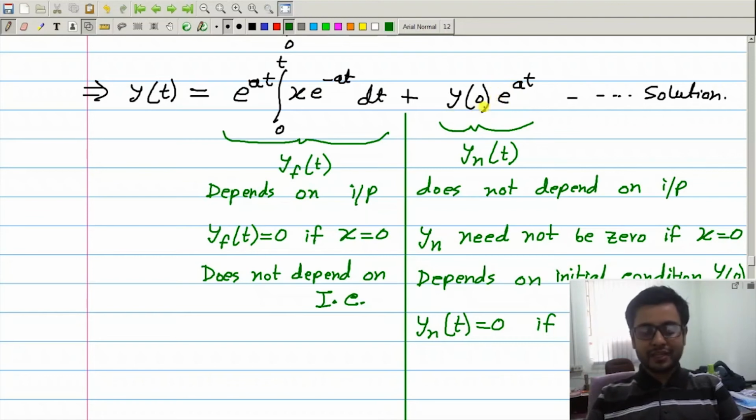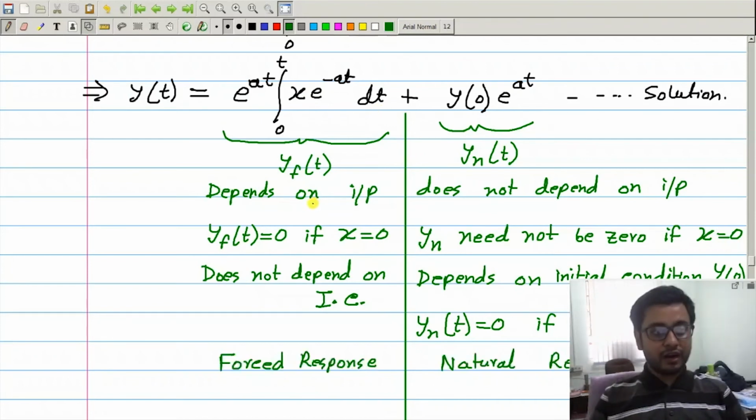This term is by definition the natural response y_n, and this by definition is the forced response, and the total output is the sum of these two.